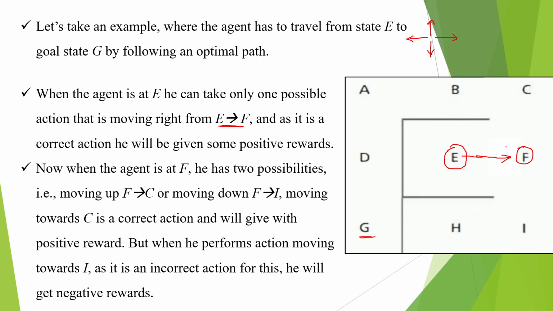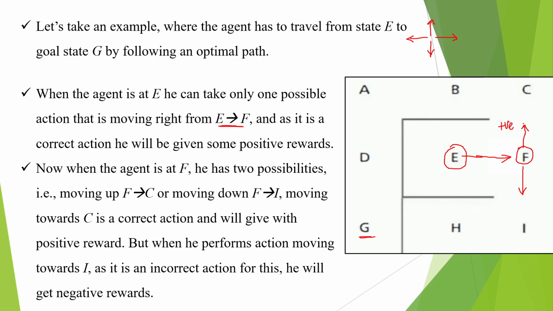And when the agent is at F, what are its possibilities? It will have 2 different possibilities. Either it can move in the up direction, or it can move in the down direction. If it moves in the up direction, obviously it is going towards the goal state, isn't it? So there will be positive rewards.